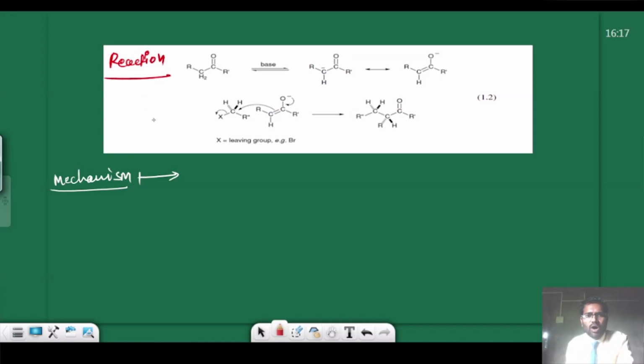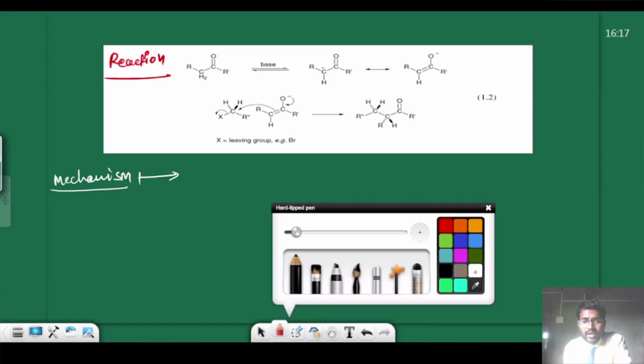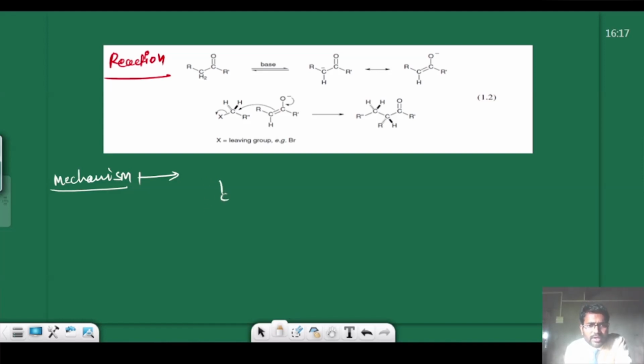All the examples we are discussing in this chapter are based on carbon-carbon bond formation reactions. Now let us discuss this reaction. Here they have mentioned one ketone, and this ketone has an alpha carbon, and this alpha carbon has two hydrogens.